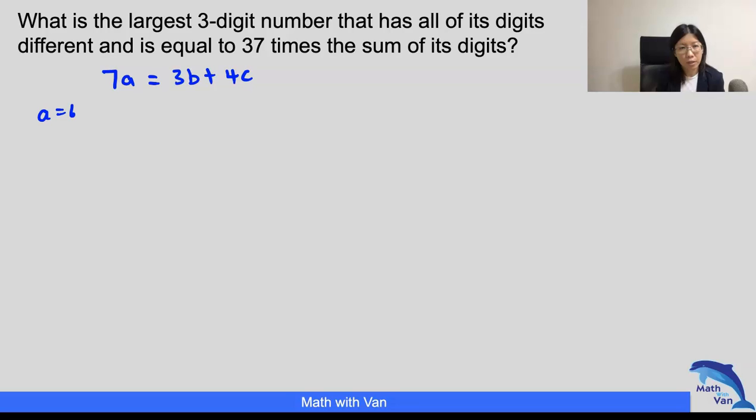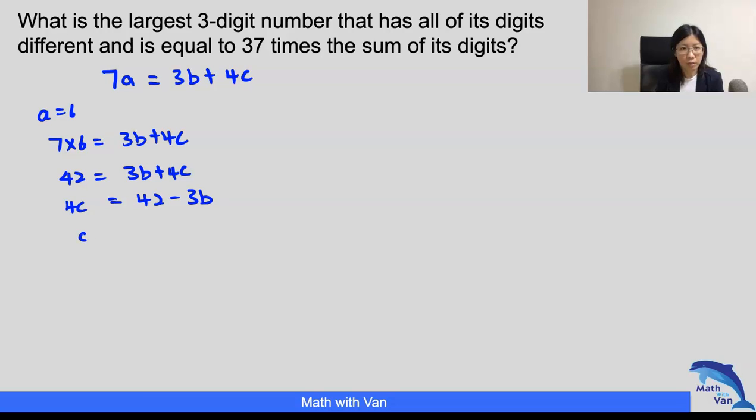A equals 6. So A equals 6 gives 7 times 6 equals 3B plus 4C, or we could say that 42 equals 3B plus 4C. Applying what we have gone through just now, I think in this case we make it 3B equals 42 minus 4C.